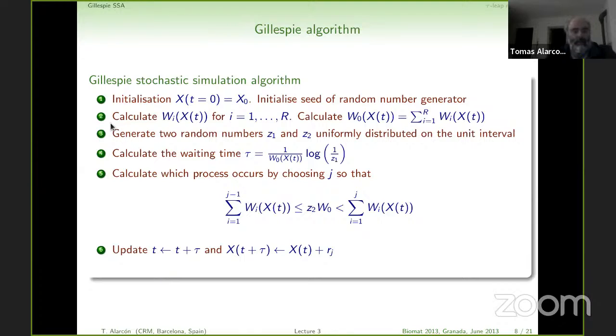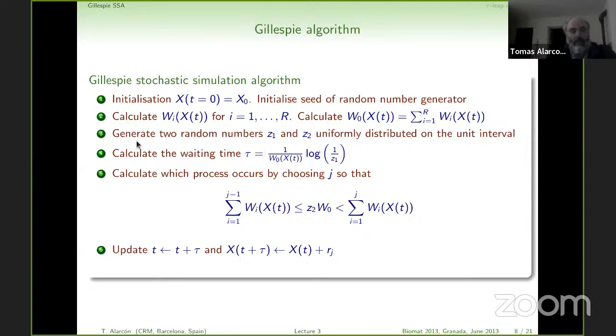Now at each time step, you calculate all the rates, and then you calculate this quantity W0, which is simply the sum of all the rates in your system.